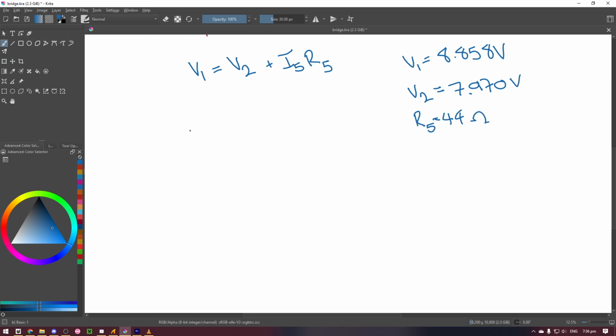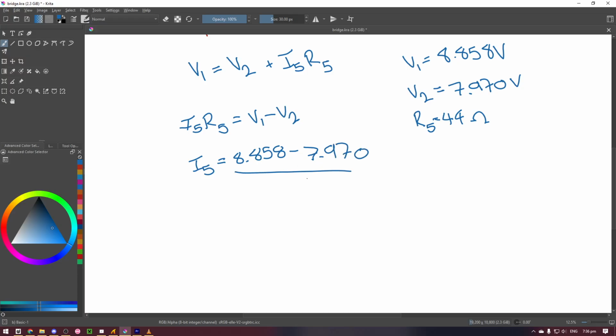We can rearrange this to be I5 R5 equals V1 minus V2. I5 equals V1, which is 8.858 minus 7.970, divided by R5, which is 44. And with this, we find that I5 has a value of 0.02019 amps to 4 significant figures.